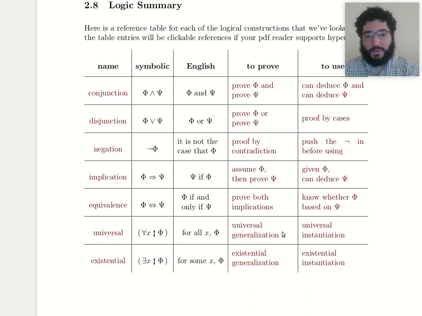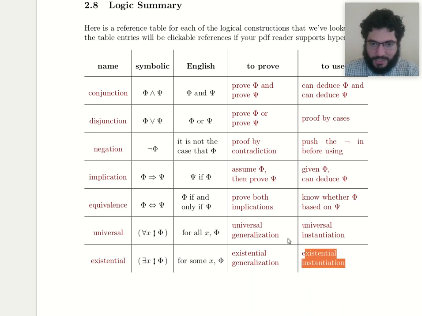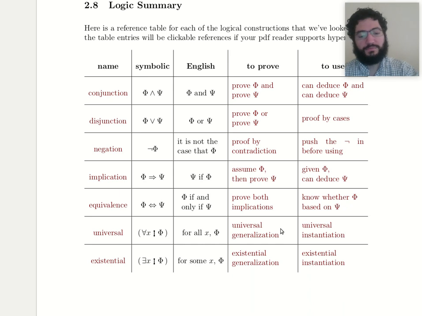And if you remember, some of these rules had some subtleties to them, like existential instantiation and universal generalization. They were quite subtle. It's not so simple to use them. The subtleties involved the arbitrariness of the variable involved.